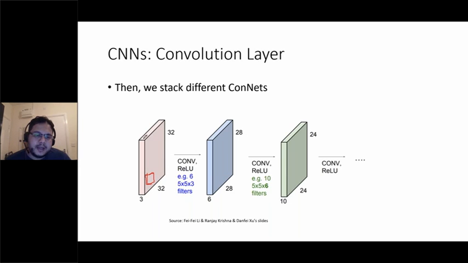And 3 is the number of channels, which means RGB. Then we have this Convnet plus a Relu to put some threshold when we have a shape and when we don't have it. Then we have another layer.